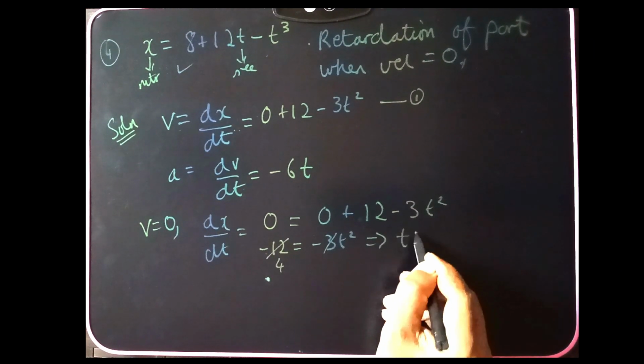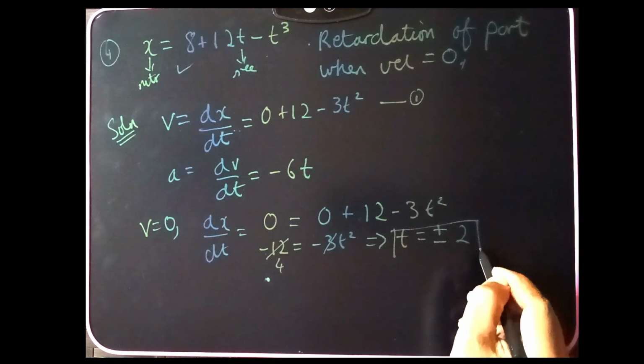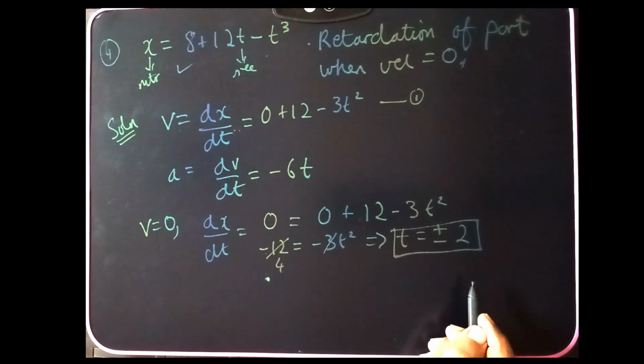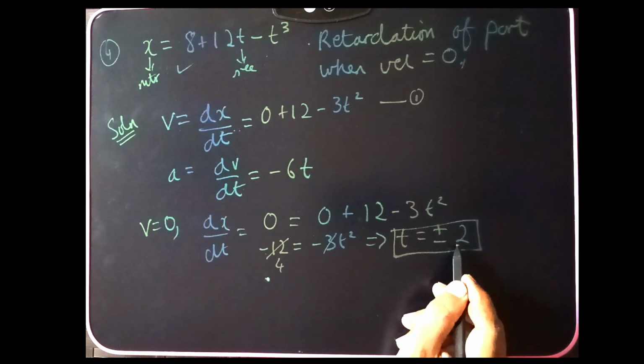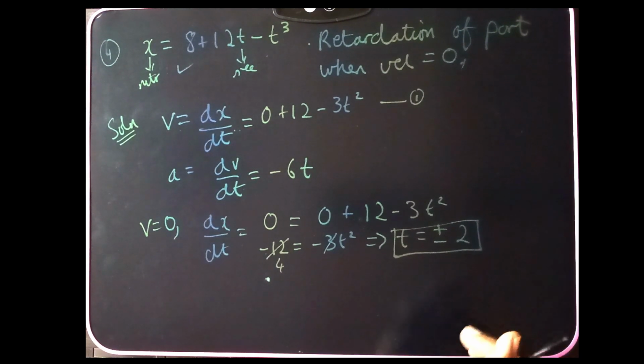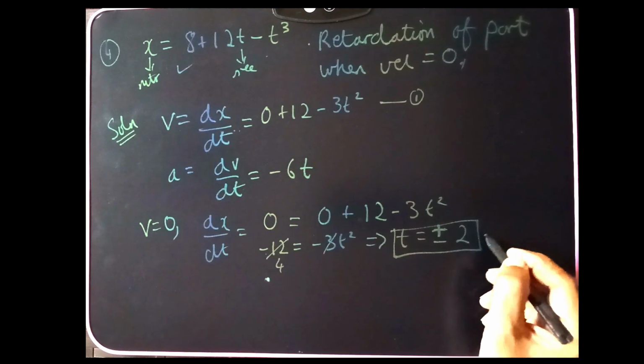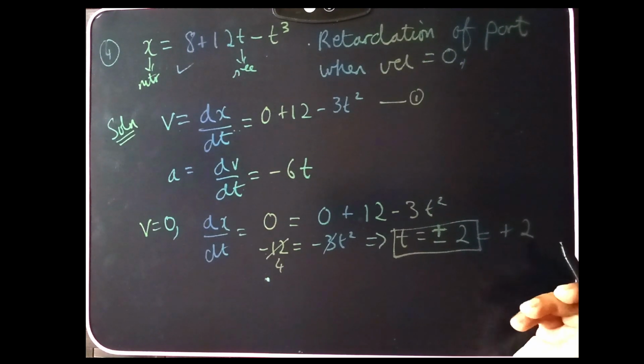So then you will have t is equal to plus or minus 2. In my previous video, I posed the question that we can solve with t is equal to plus 2 and minus 2 also. But finally, we had to take only one answer, right? Time cannot be negative. So we have to take positive 2.